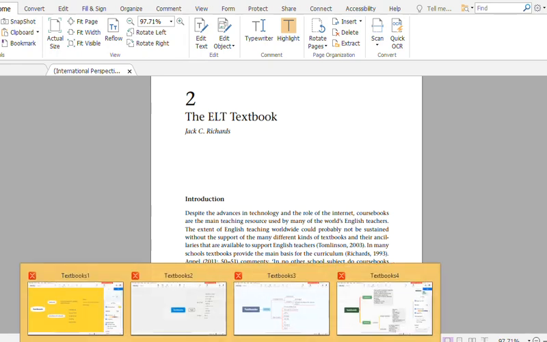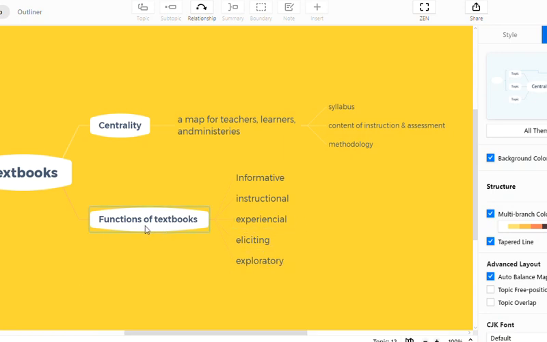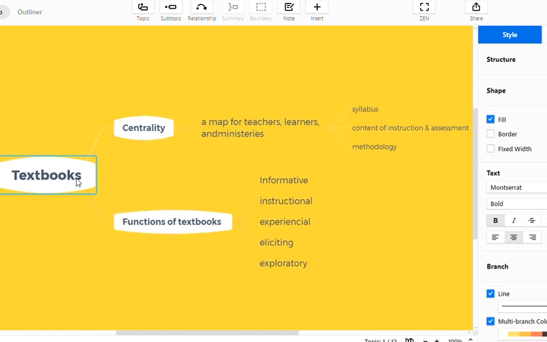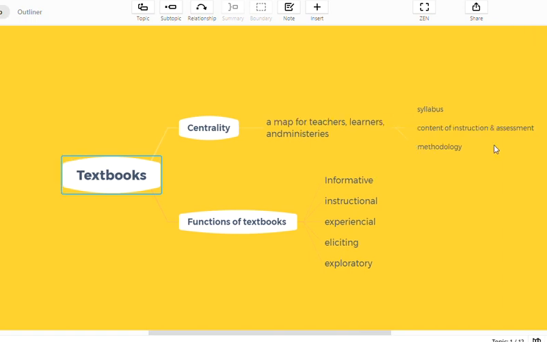But let's go to the important point of the centrality of the textbook. Why do I mean that textbooks are central? Textbooks are central, and I don't mean that textbooks should be central.